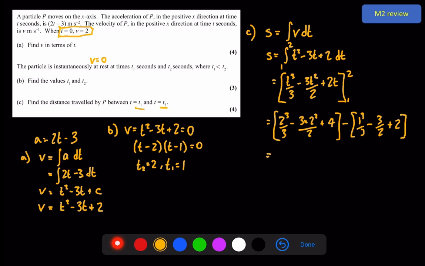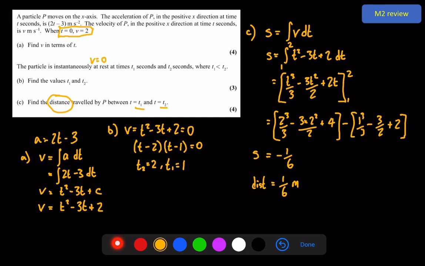And that gives us an answer of minus 1 over 6. But don't leave that there because it wants the distance, not the displacement. So the distance should always be positive, 1 over 6 meters. And that's our final answer.